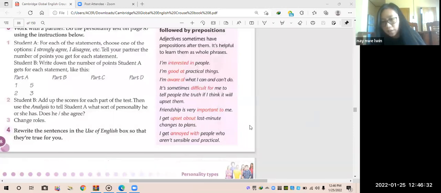Kenita, yes. Okay, I'm interested in sport. I am good at Korean. I'm aware of what I need to improve myself. Sometimes it is difficult for me to do something.